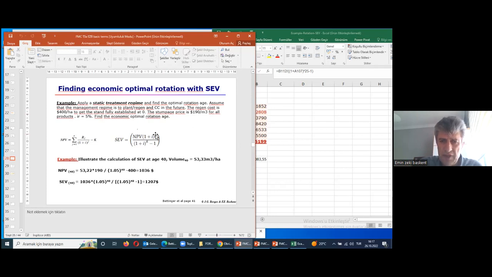So the treatment is to regenerate with plantation. The stumpage price is $190 per cubic meter for all the products that will come from the stand. The real interest rate is 5%, and we are to find out the optimal rotation age.